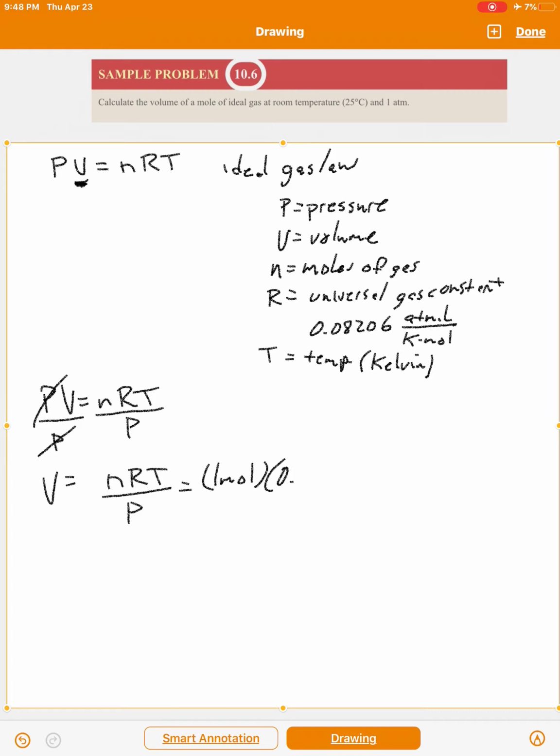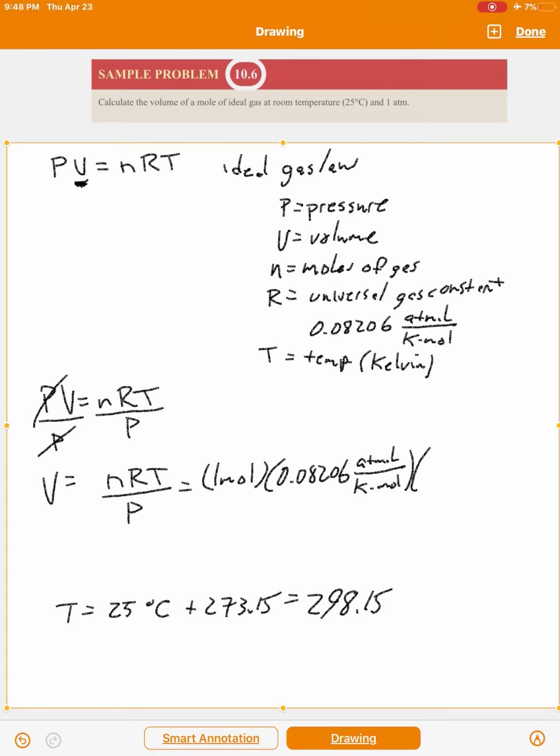Gas constant, 0.08206 atmosphere liters per Kelvin mole. Temperature. Now, let's do the temperature. 25 degrees C plus 273.15 is 298.15 Kelvin.